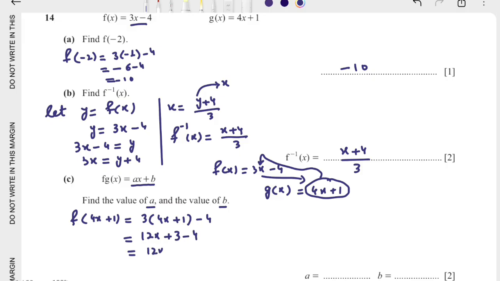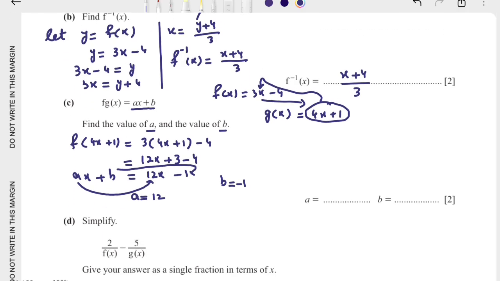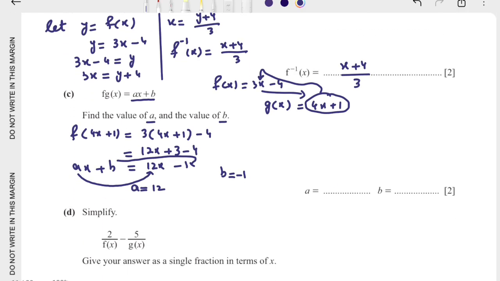So 12x minus 1. As this value is equal to ax plus b, now we can compare the coefficients. So the coefficient of x is a on the left hand side, and on the right hand side this is 12. So the value of a is equal to 12 and the value of b is equal to minus 1. This is the answer, 12 and minus 1.